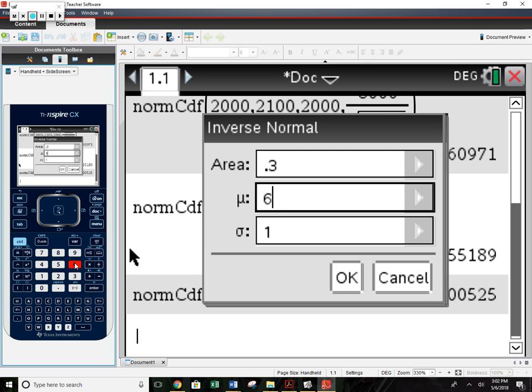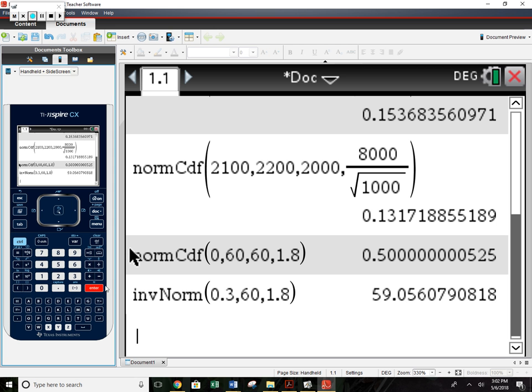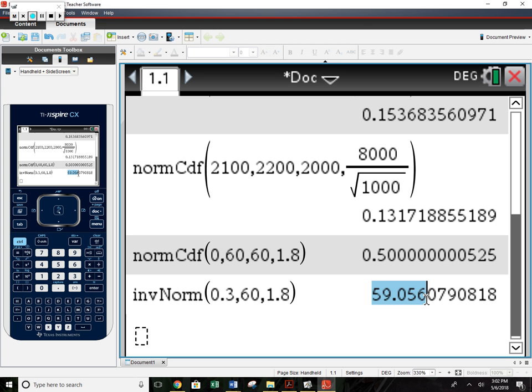Your mean is 60, and the standard deviation is 1.8 because we're doing X bar. Hit OK, and that is 59.1. Okay, now let's look right here. So the 30th percentile, 59.1.